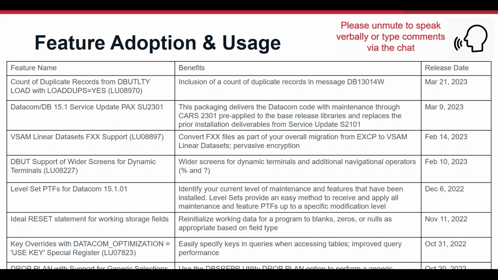We actually published some recent enhancements. I was also curious if anybody had adopted anything that we've recently delivered or had any feedback for us. And we could talk about any of these enhancements if anyone has any questions about them.